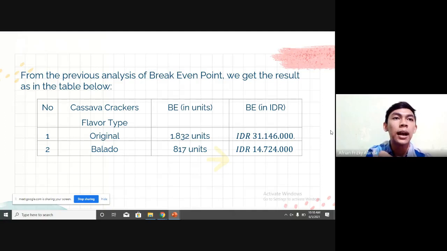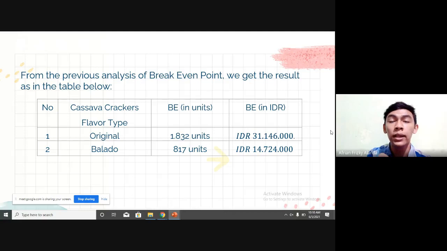And then the result of the break-even point analysis is in the table. For the cassava crackers of original taste, we get the break-even in units is 1,832 units, and for balado taste is 817 units.